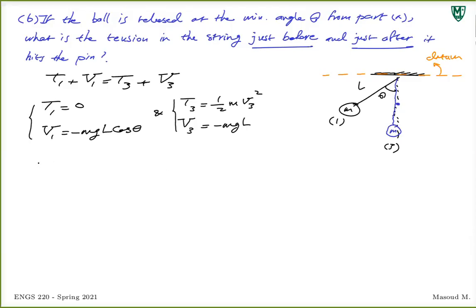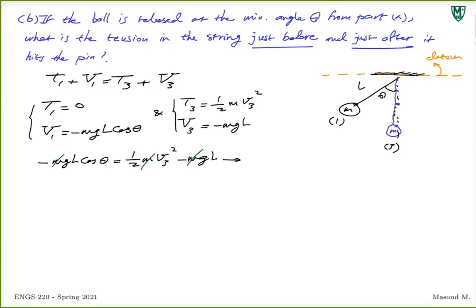Put this together: minus mgL cosine theta is equal to 1 over 2 m v3 squared minus mgL. You get rid of m. I cancel it from both sides. You can find the value. Let's move things around.